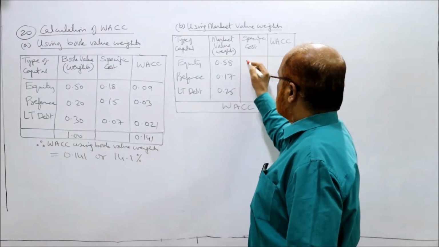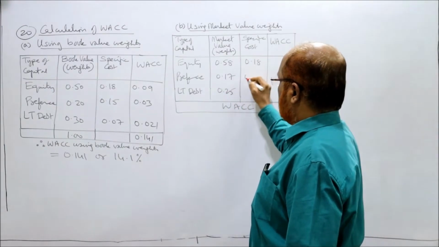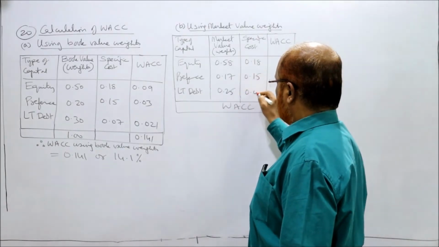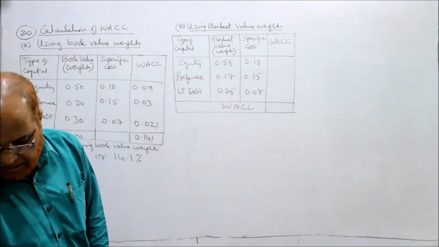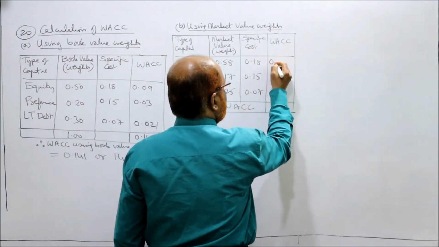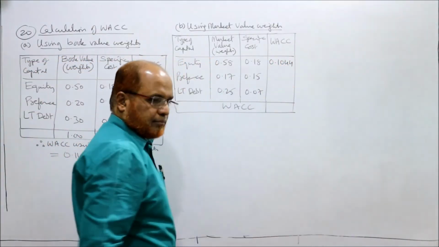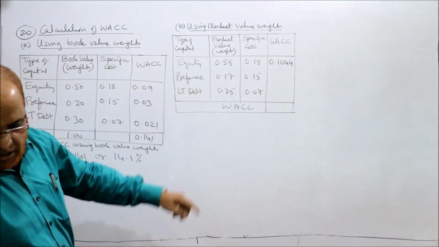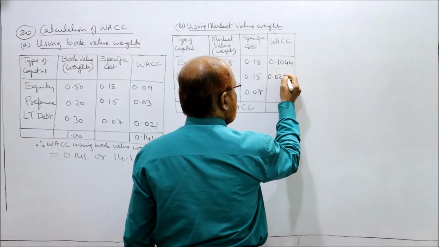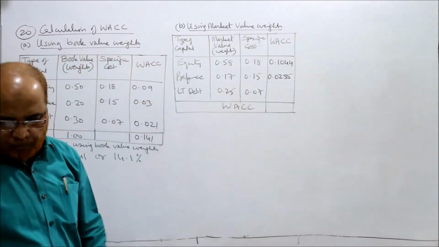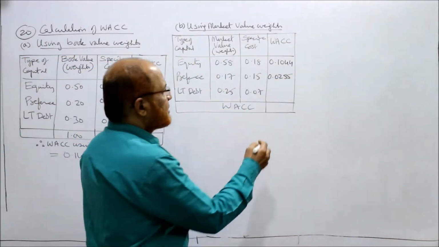The specific costs are 0.18, 0.15, 0.07. Now multiply. 0.58 into 0.18, you'll get 0.1044. Next, 0.17 into 0.15, 0.0255. 0.25 into 0.07, 0.0175.